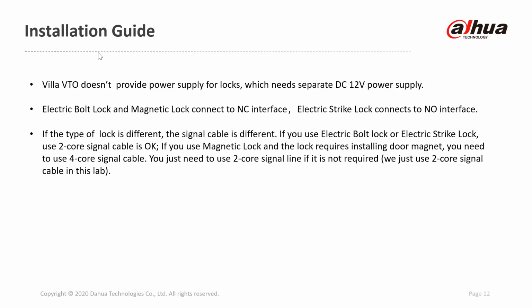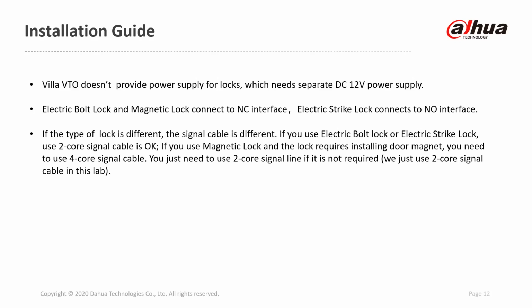Installation guide. The Dahua VTO doesn't provide power supply for locks, which need a separate DC 12 volts power supply. Electric bolt lock and magnetic lock connect to the NC interface, electric strike lock connects to the normally open interface.